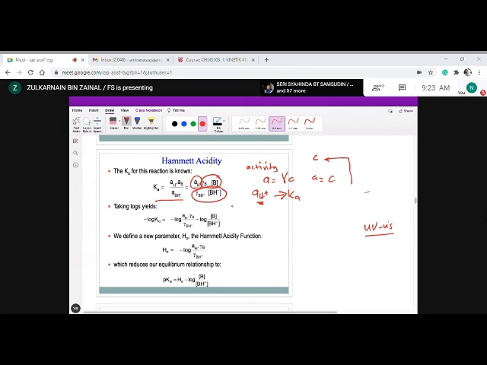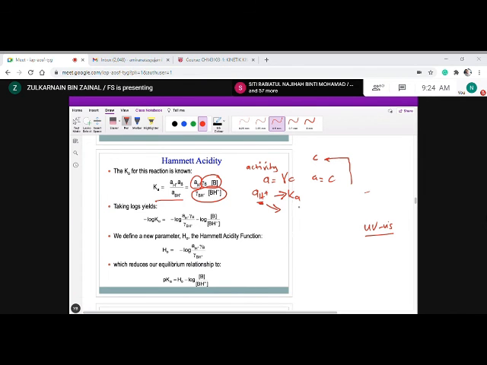So it all involves gamma, where gamma B is the activity coefficient for B, and gamma BH plus is the activity coefficient for BH plus, right? And then we just leave the activity of H plus there.